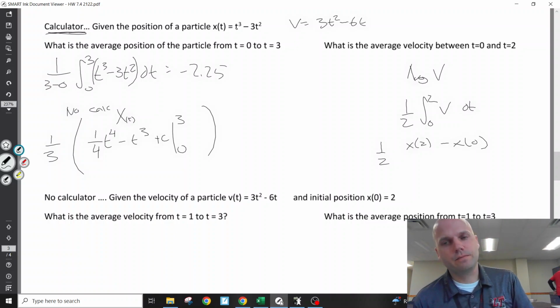So I can plug in 2 into big X. I get 8 minus 12 minus 0, which is negative 4. Negative 4 times a half is negative 2.